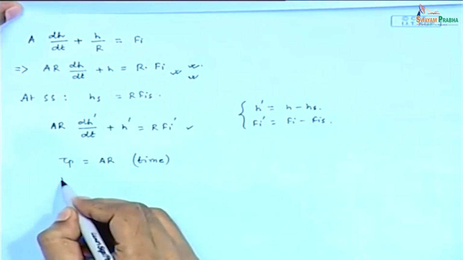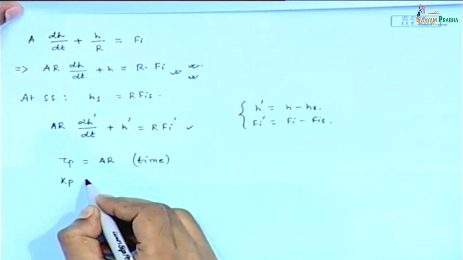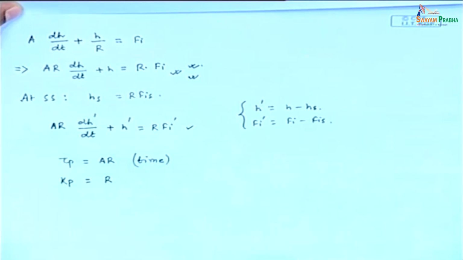Similarly, we will consider Kp. Kp is here R. So, that will be the unit of R basically. What is the unit of R? R equals H by F. That means time per meter square or time per area, we can say.